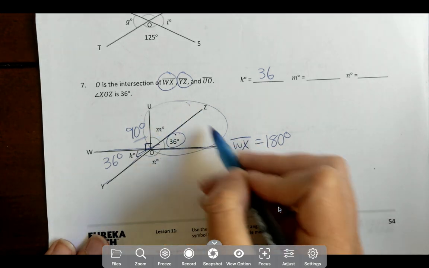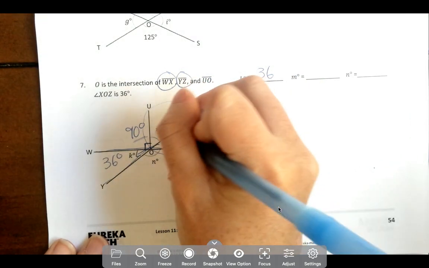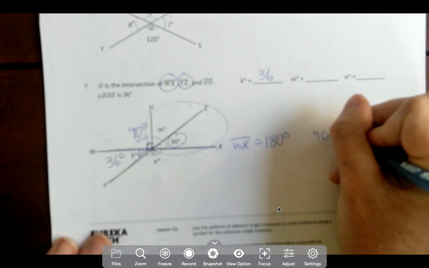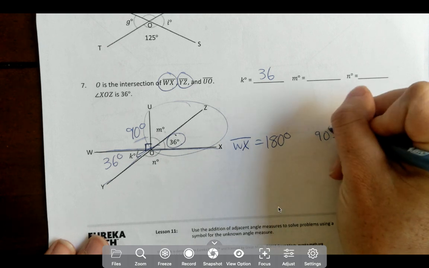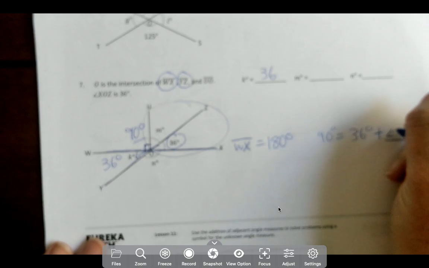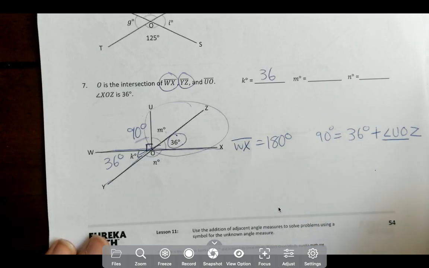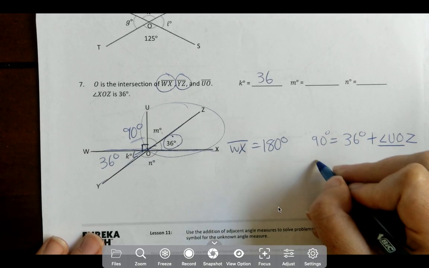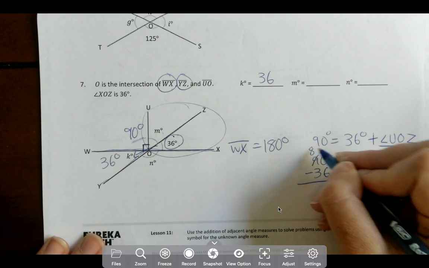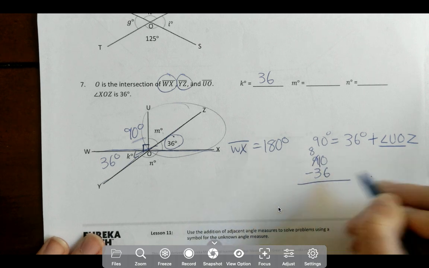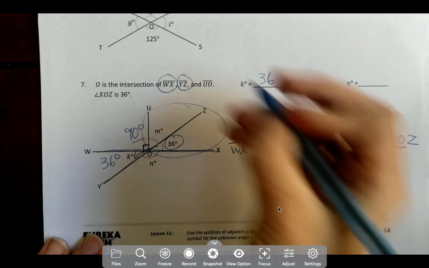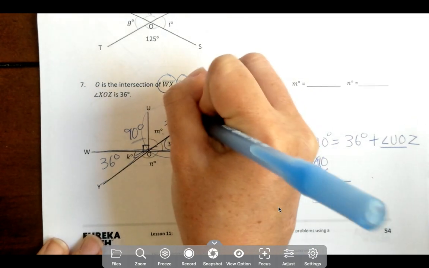So if that has to be 90, then I already have a component. I have 36. So 90 equals 36 plus this angle UOZ. So now I have to do 90 minus 36. 0 minus 6 you cannot do. Borrow. 10 minus 6 is 4. 8 minus 3 is 5. So 54 is M.